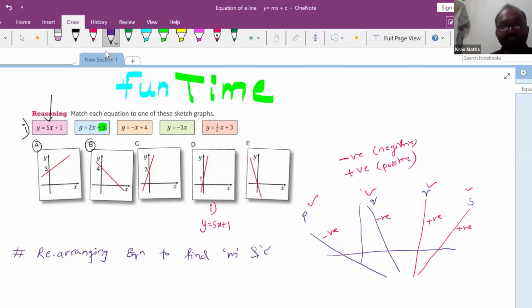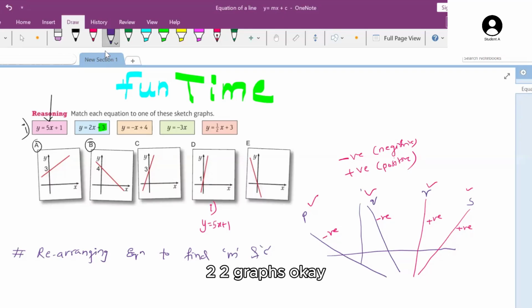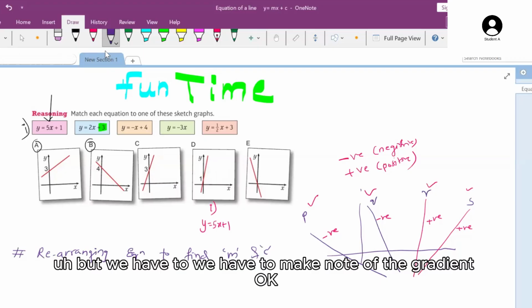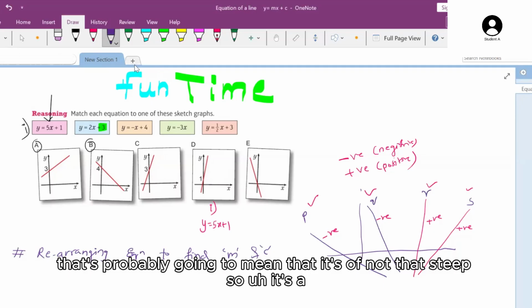How many graphs can you see with y-intercept as 3? 2 graphs. But we have to make note of the gradient. Because the gradient is 2, that's probably going to mean that it's not that steep, so it's A.